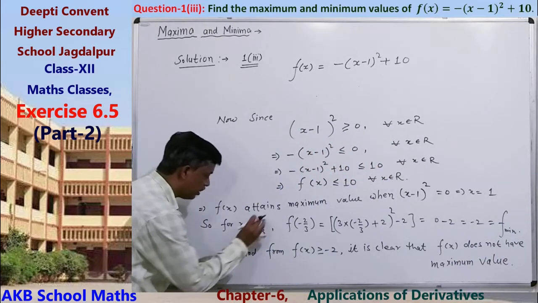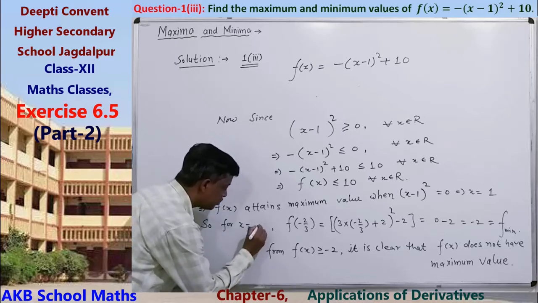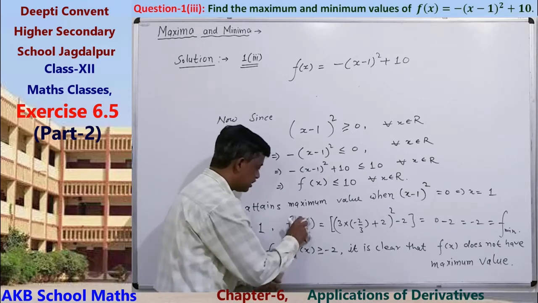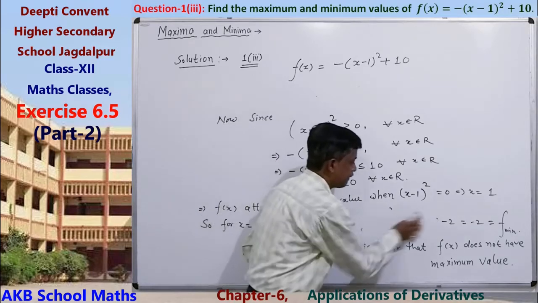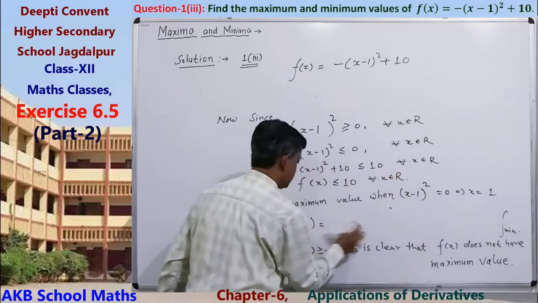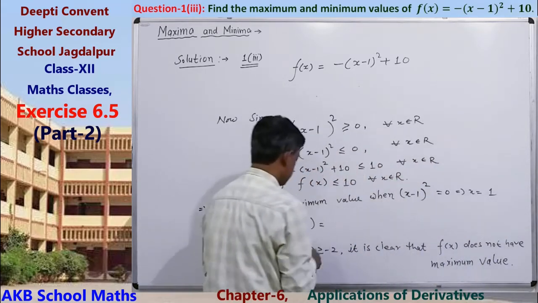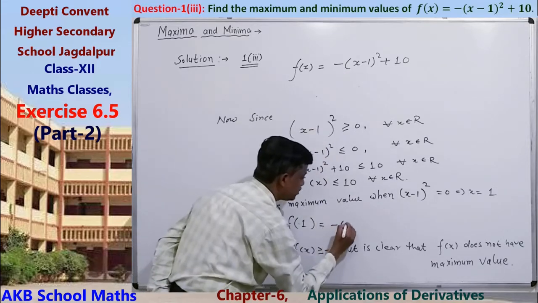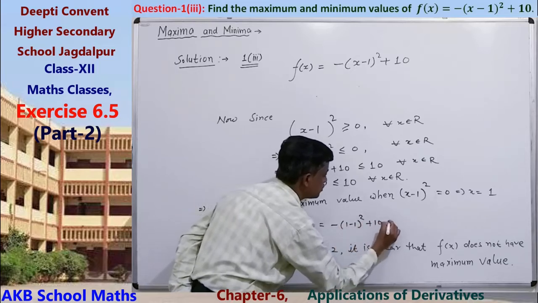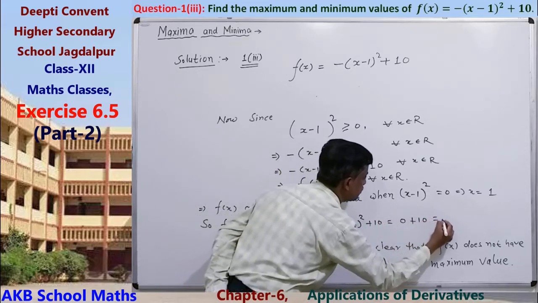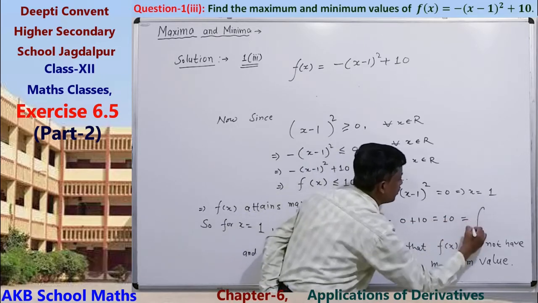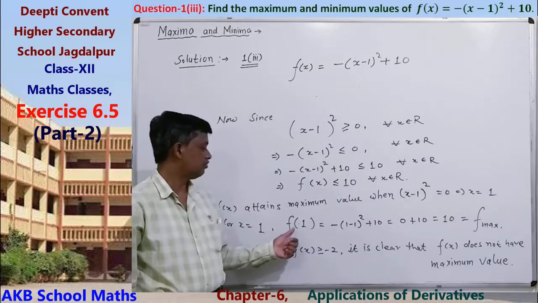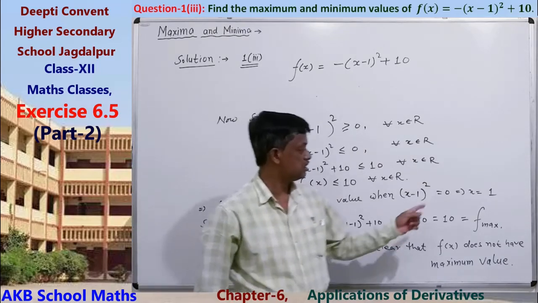For x equals 1, f(1) equals minus (1 minus 1) square plus 10 equals 0 plus 10 equals 10. This is the maximum value. So at x equal to 1, the function attains its maximum value, which is 10.